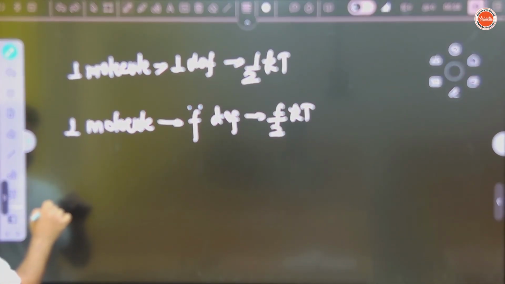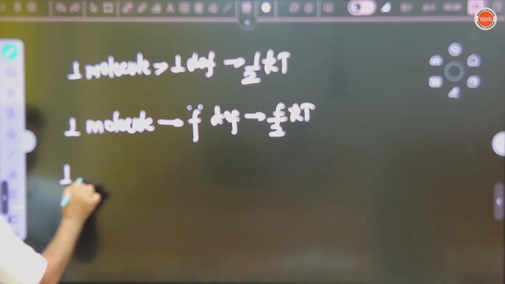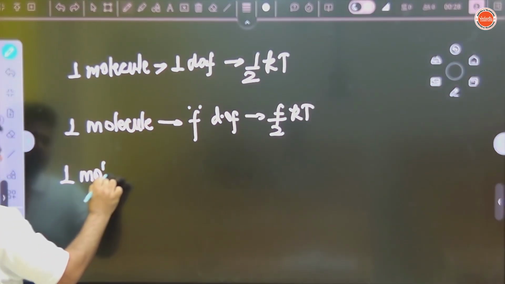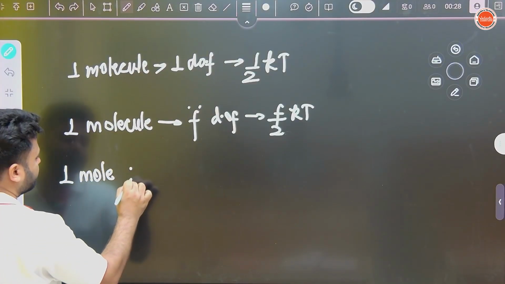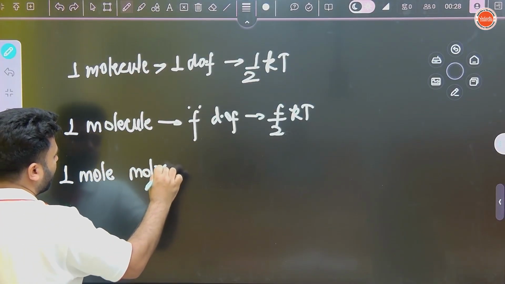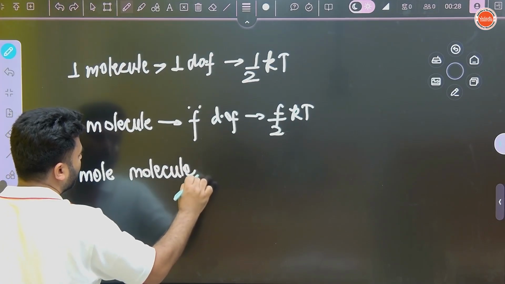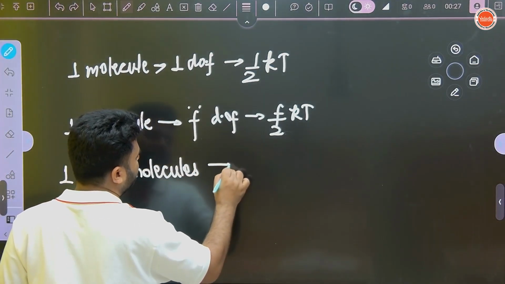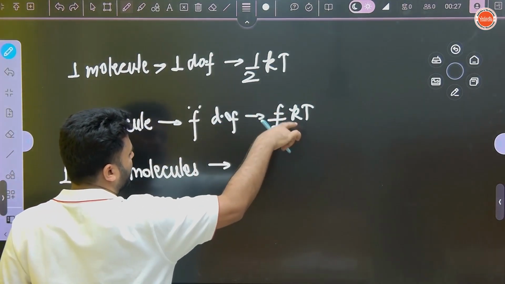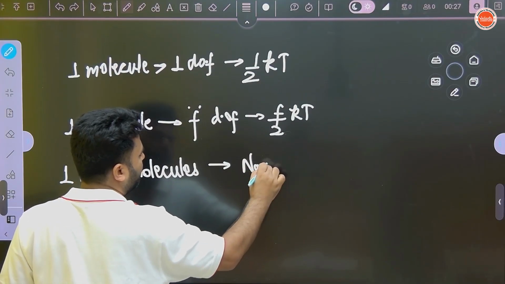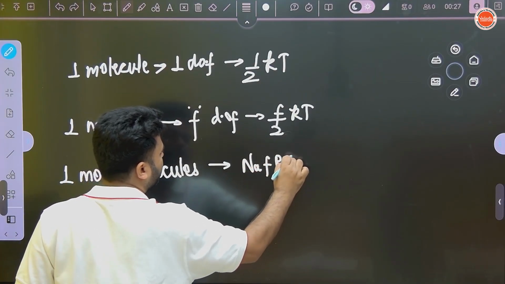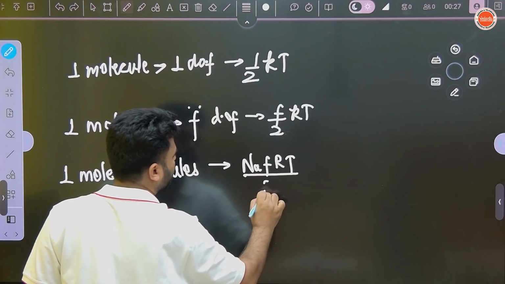If we have 1 mole of molecules, then what will be the energy? You multiply with Avogadro's number, Na: f Na kT by 2.